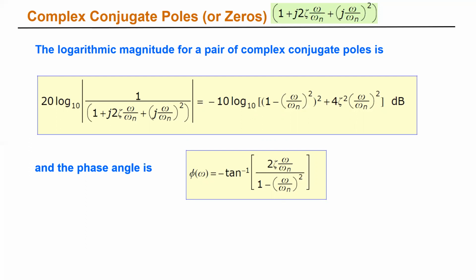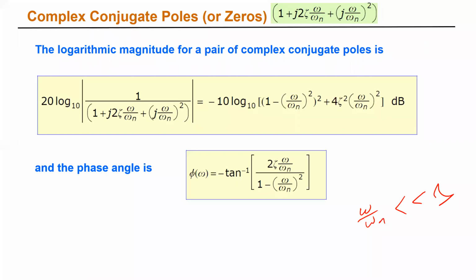Now look. Suppose I have omega over omega n much smaller than 1. What do we have in here? What is this going to be compared to the 1?